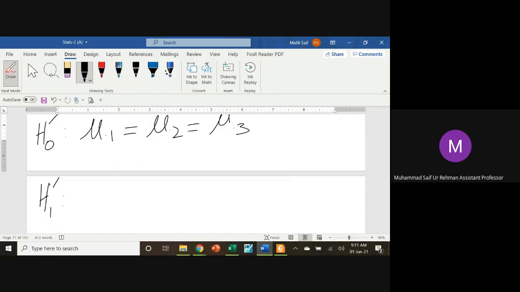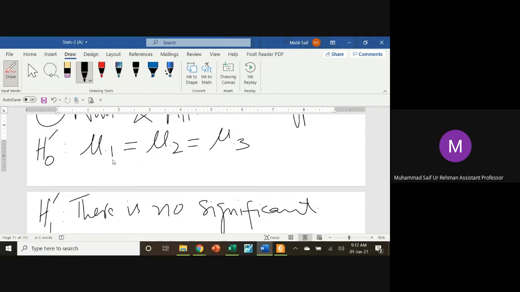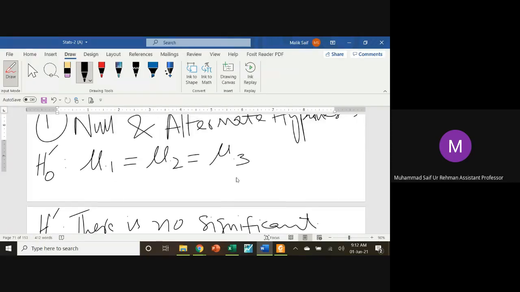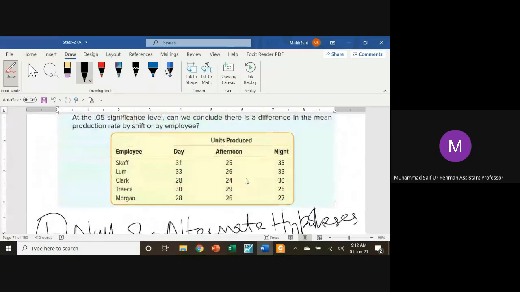And here you will write down there is no significant difference. If you see, this dot means rows and the one means column. So 1, 2, 3 means that we are talking about treatments. Those are three in total.